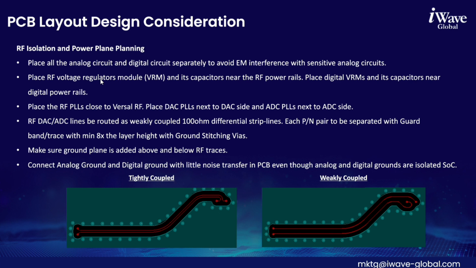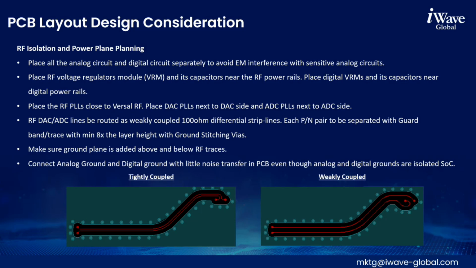Another key thing is that when we route the RF ADC and DAC lines, it is recommended to route them as weakly coupled differential striplines. So what is weakly coupled? Normally we use tightly coupled for the high-speed interfaces. When we use tightly coupled traces, more power is concentrated at the edges of the traces and it will affect the performance.